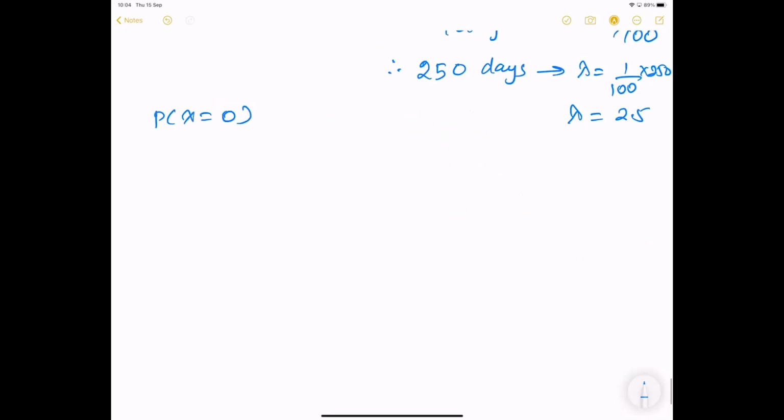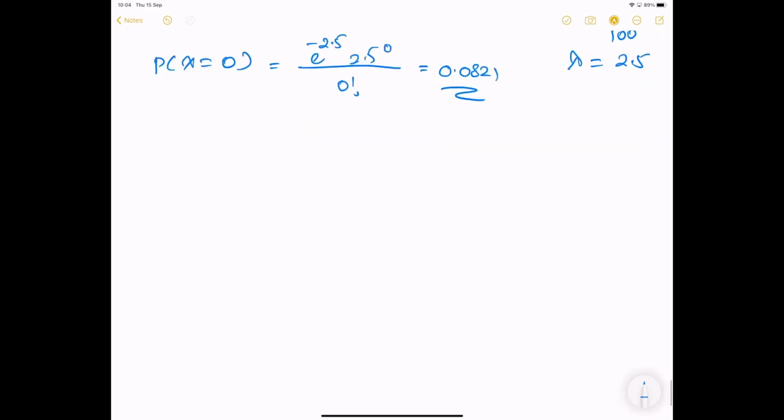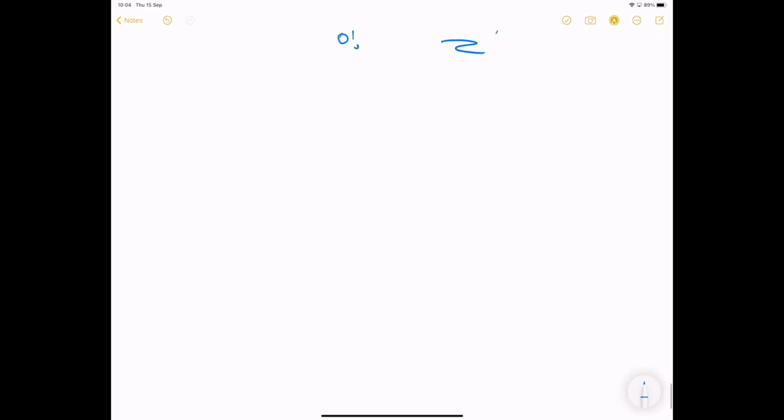Now we want to find x equal to 0, right? 2.5 to the 0 over 0 factorial, right? The answer should be 0.0821, right? So x exactly equal to 3, right? 2.5 to the power 3 over 3 factorial, and that is 0.2137, right?